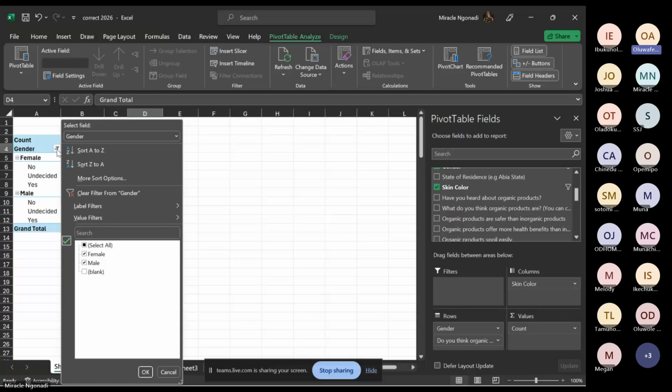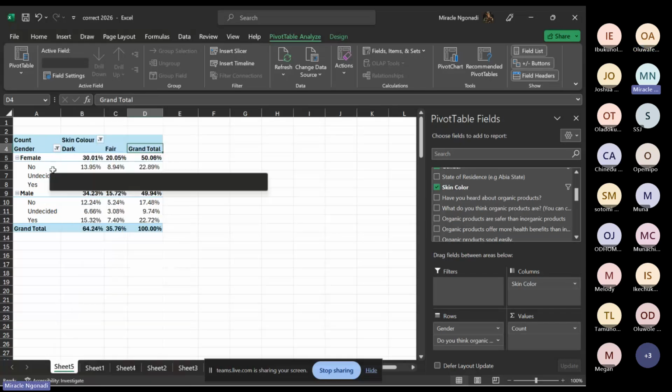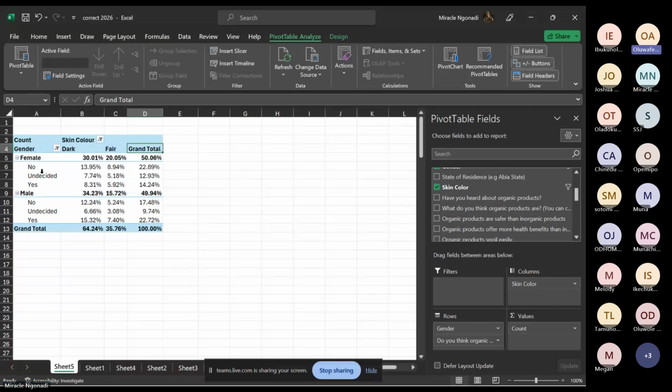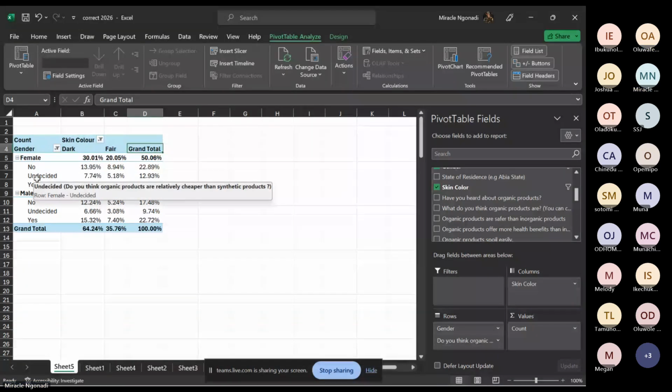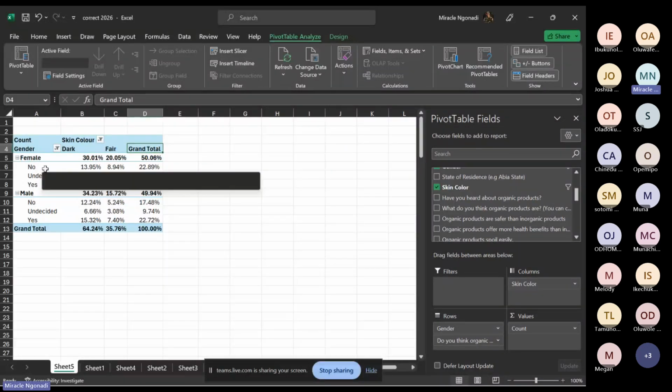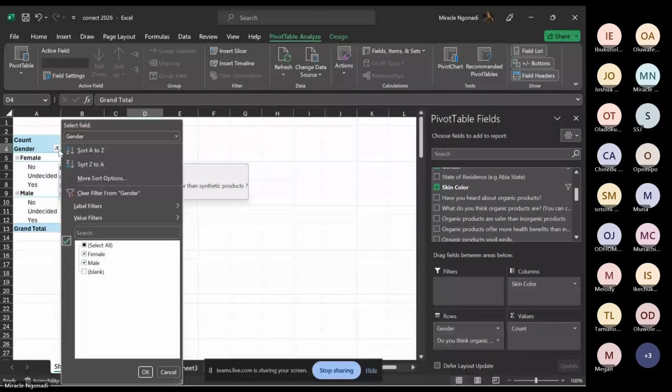That's for gender. Yes, you were able to remove it when you took out blank earlier. Okay. I've already filtered that blank.